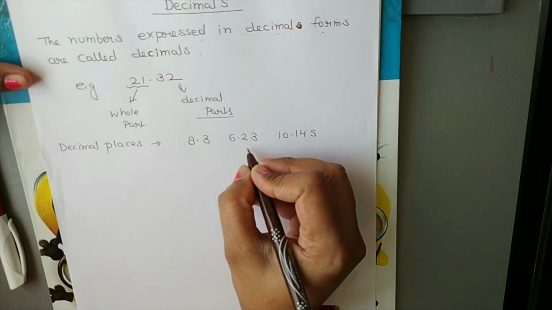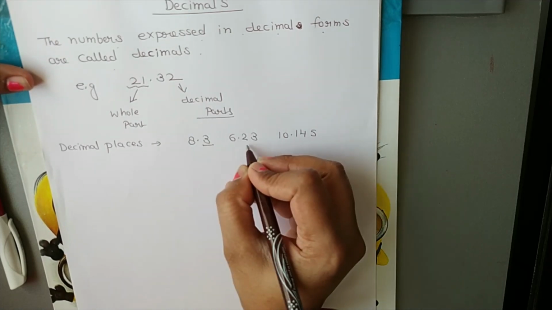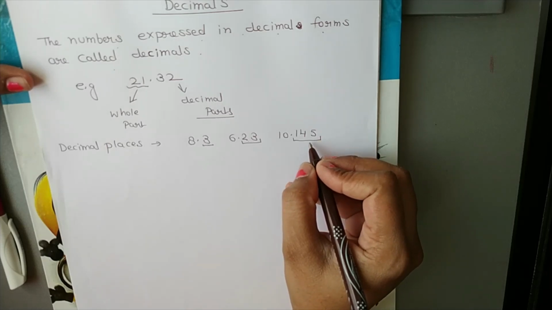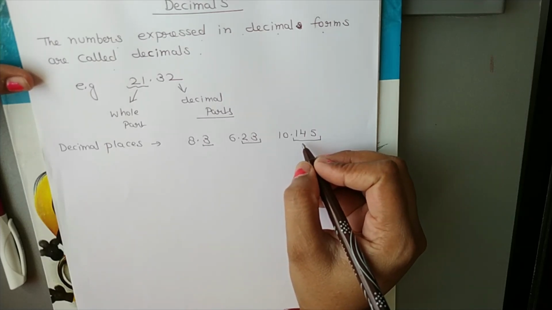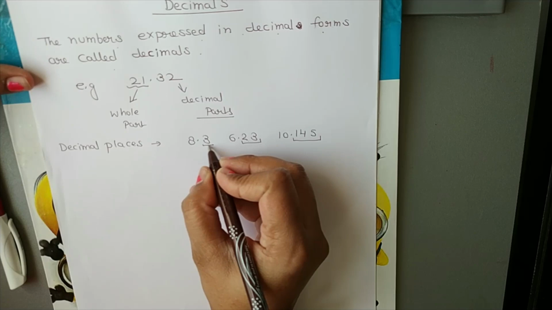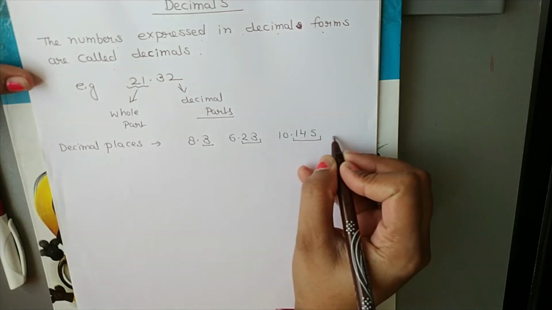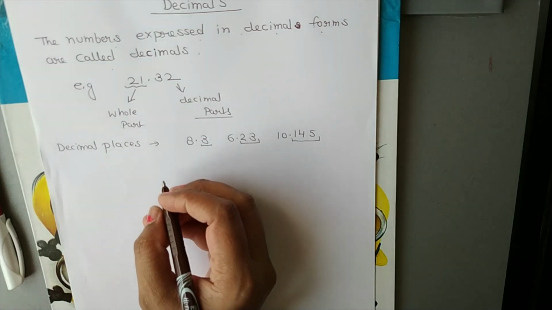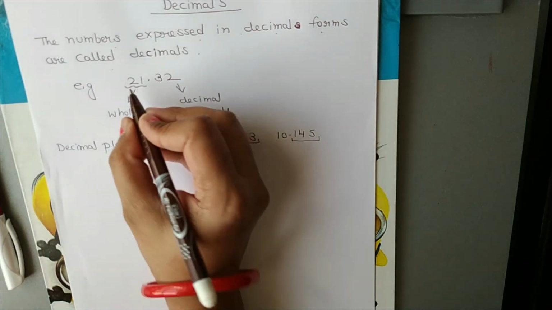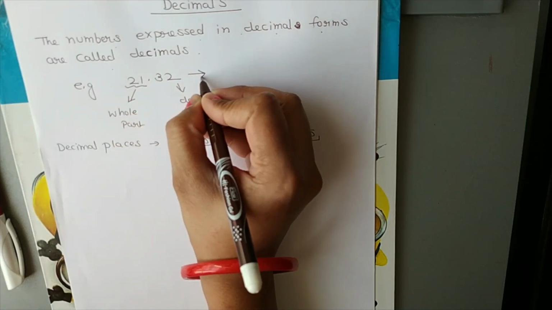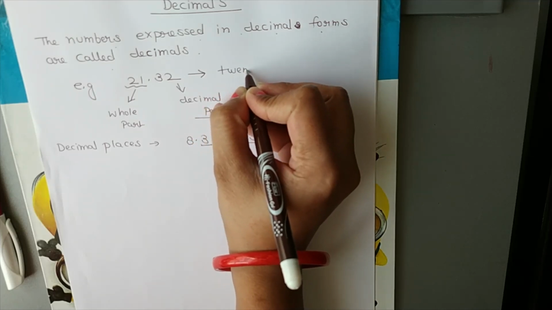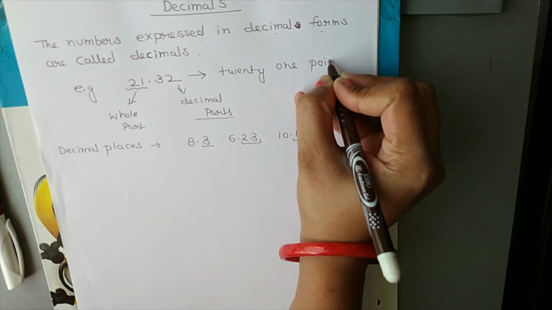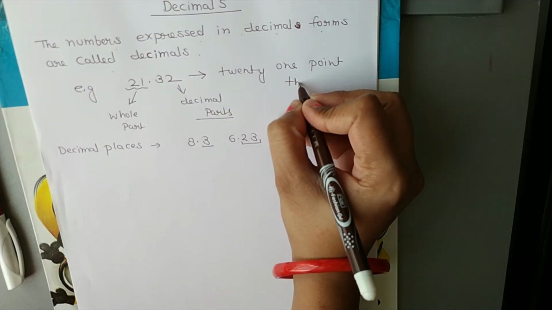All the numbers have 1, 2 and 3 digits in the decimal parts respectively. So these are the decimal places. Now how can you read a decimal number? It can be read as 21.32.